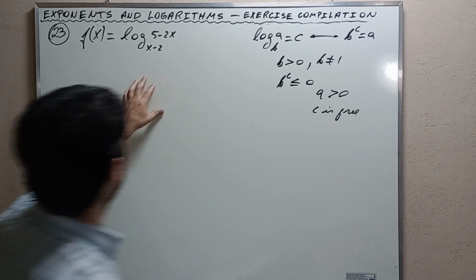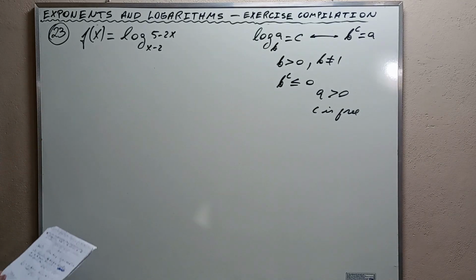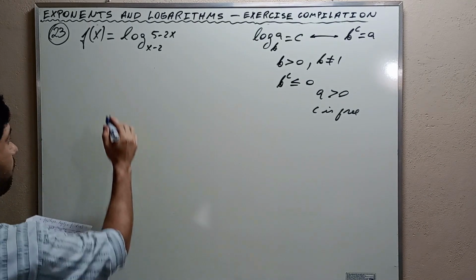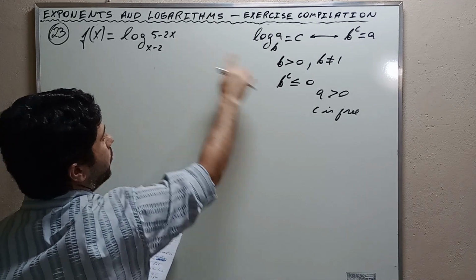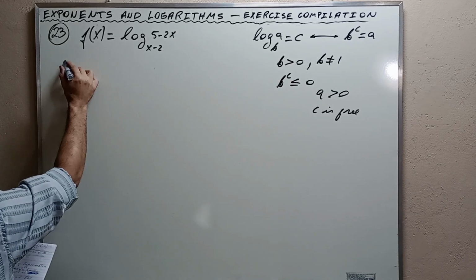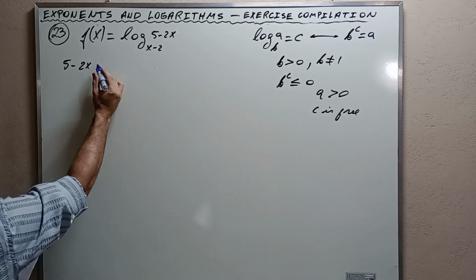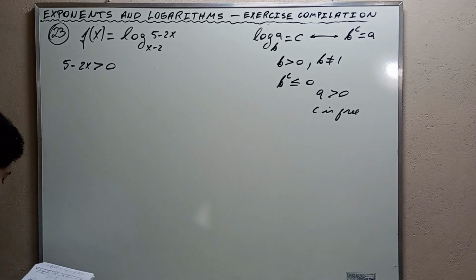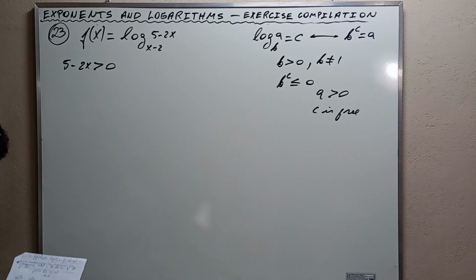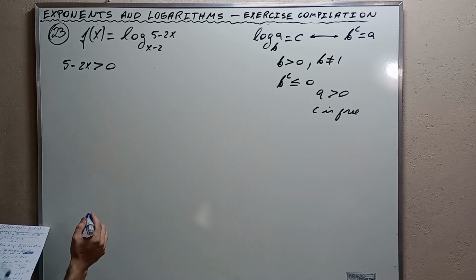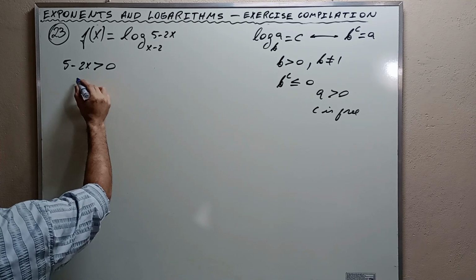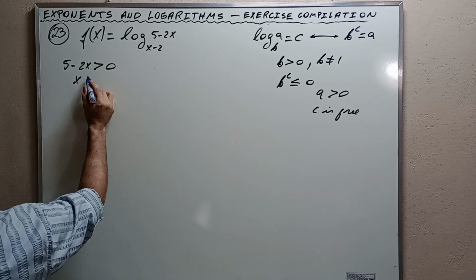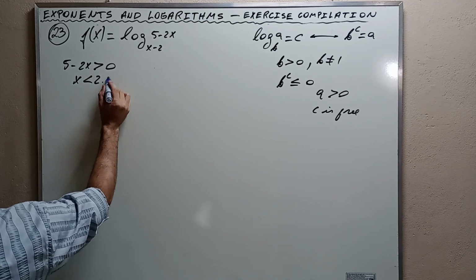Applying this here, 5 minus 2x is a. 5 minus 2x has to be greater than 0. Thus, x has to be less than 2.5.